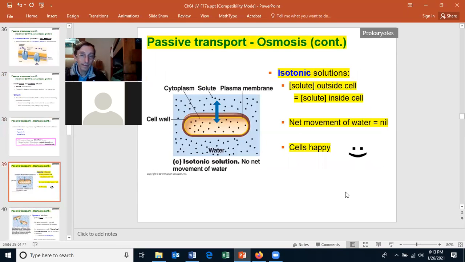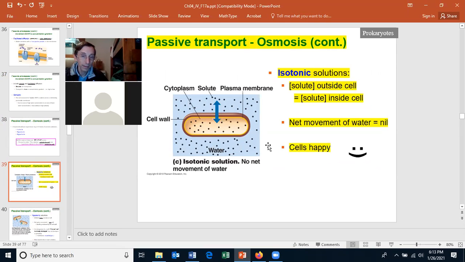Isotonic is the easiest. It's when the concentration of solute molecules outside the cell is equal to the solute molecules inside the cell. So there's no net movement of water into or out of the cell.